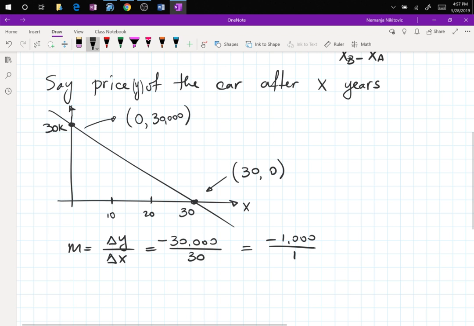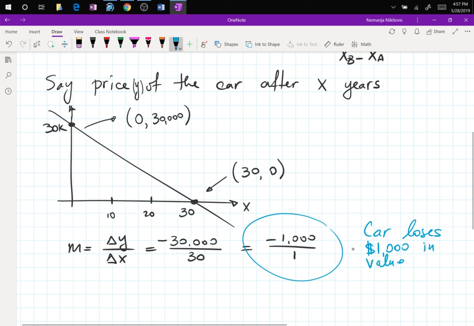So I interpret this slope as the car loses $1,000 in value per year.